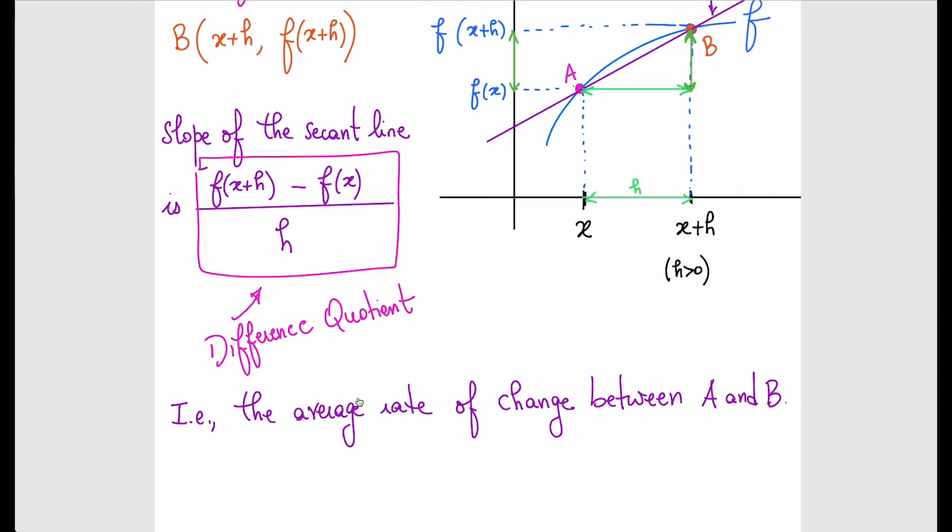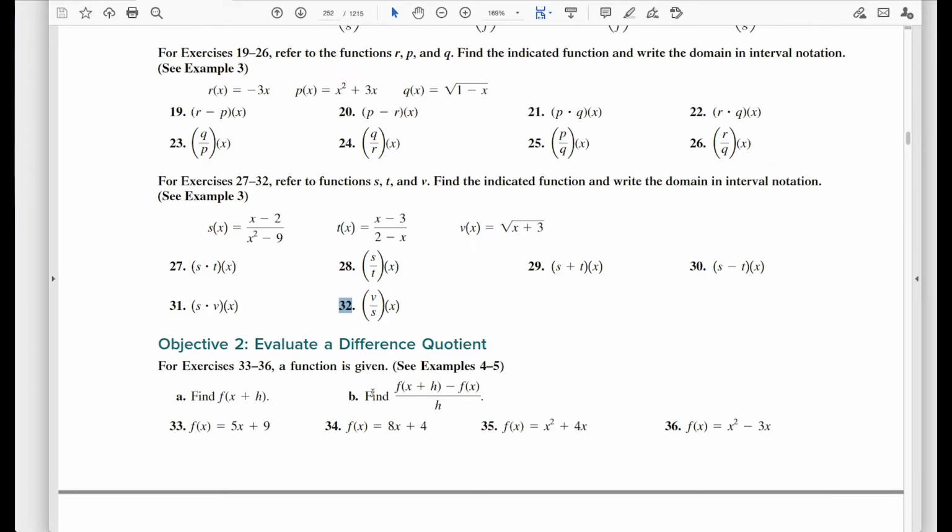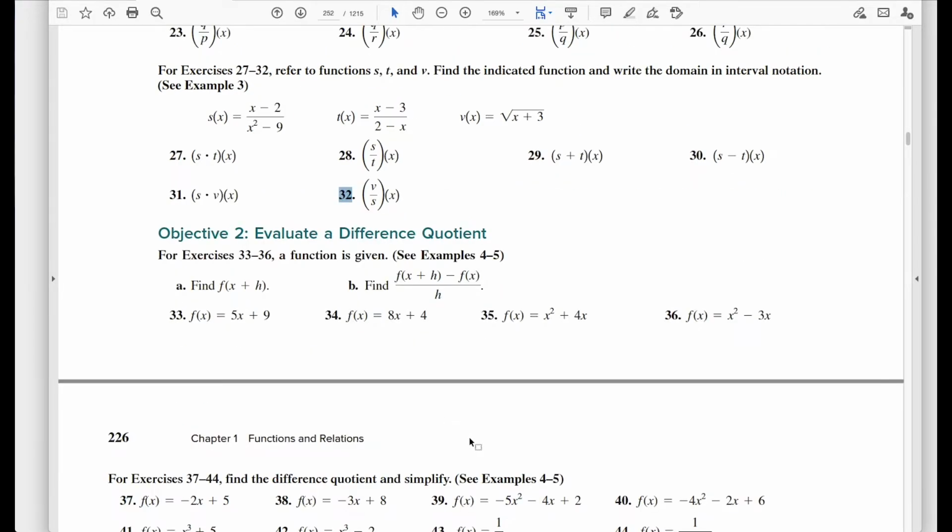Back to the question here. This question is purely algebraic, so we are given a function and we need to find f of x plus h, and then we need to find the difference quotient pertaining to that function f. Let's do, how about 36? f of x is x squared minus 3x.